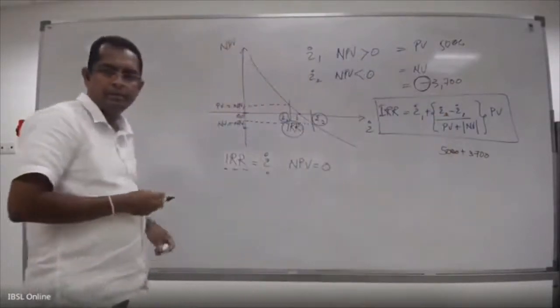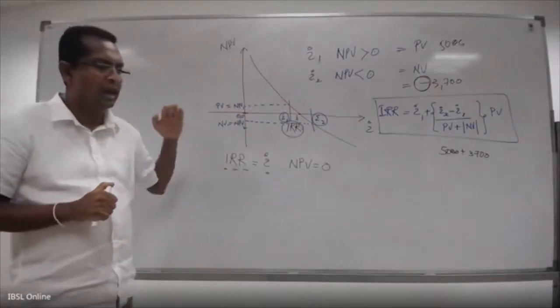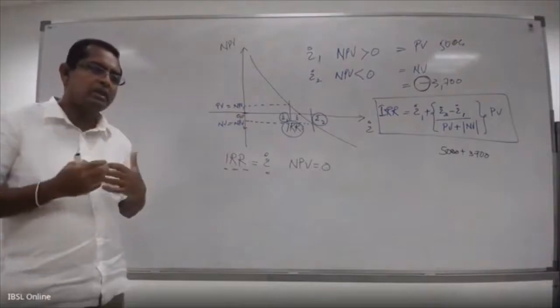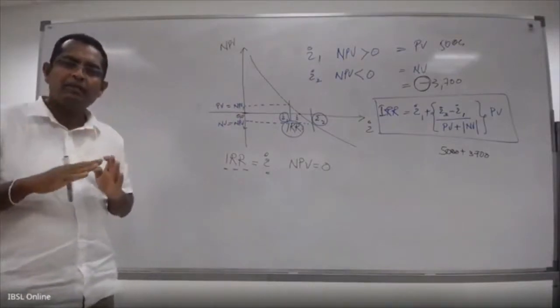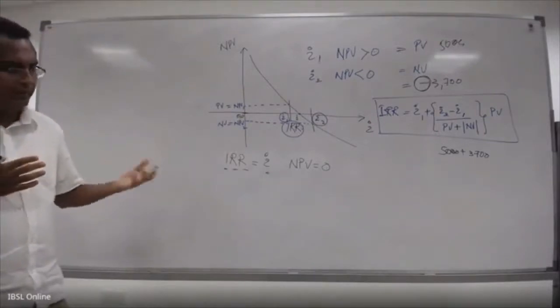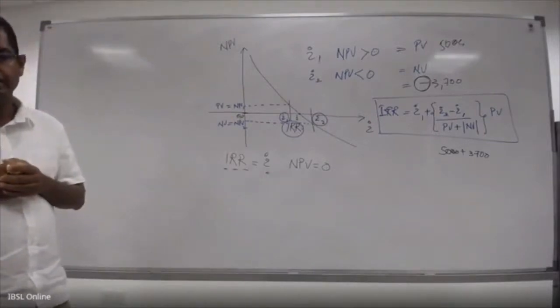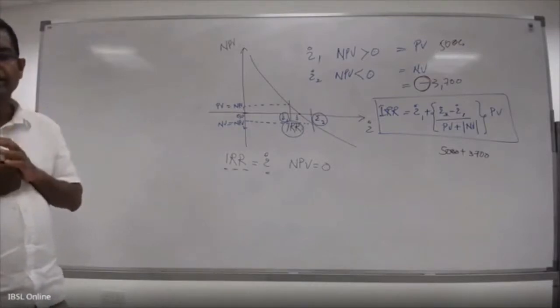Right? So this is how we calculate IRR. When we are comparing several projects, whichever gives the highest IRR, we take. IRR is the rate at which NPV is equal to 0.